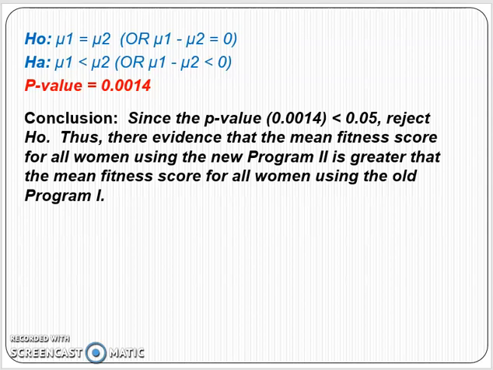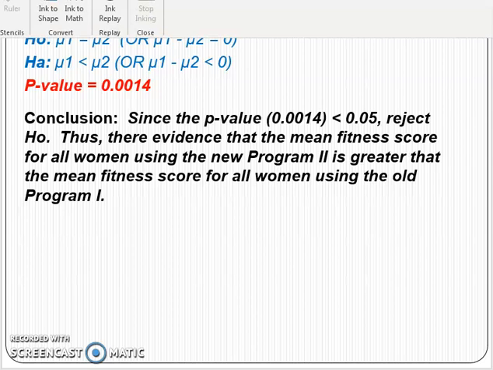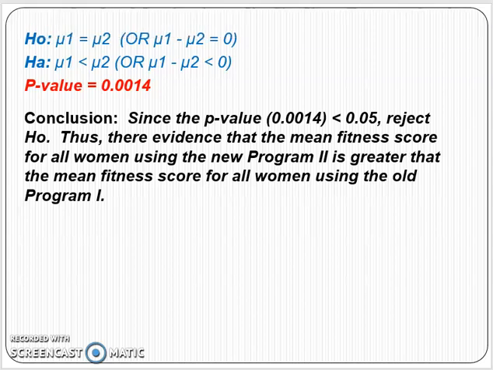So that says that there is evidence, and let me bring up my pen. There is evidence that the mean fitness score for all women using program 2, essentially what we're saying is that the mean scores for program 1 are less than the mean scores for program 2, which is the same as saying that the mean scores for 2 are greater than the mean scores for 1.